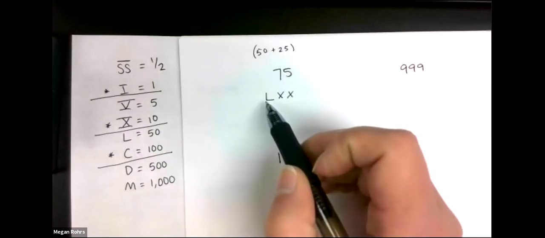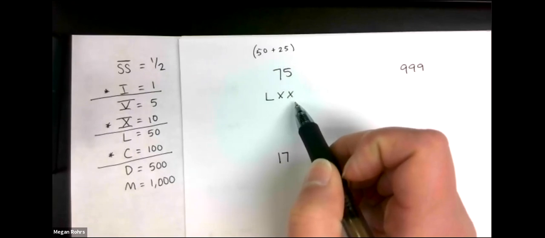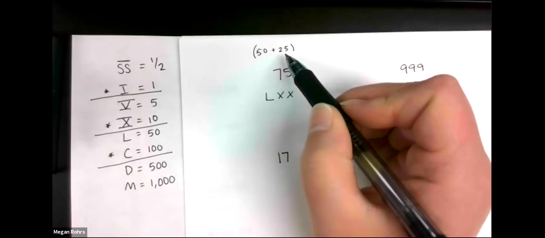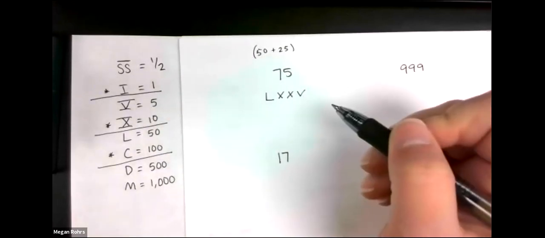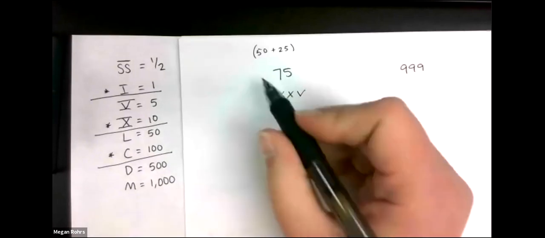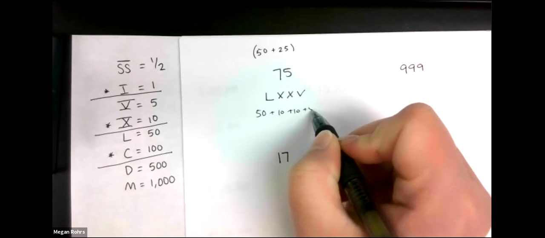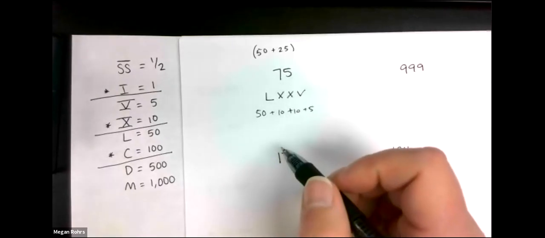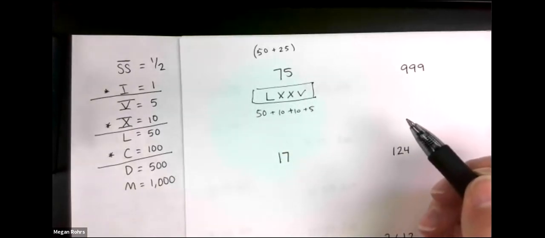So here we have 50 plus 10 is 60, plus 10 is 70. Now we need that additional 5 here, and V gives us 5. So this problem now is essentially 50 plus 10 plus 10 plus 5, which gives us 75 here. So that would be our answer.